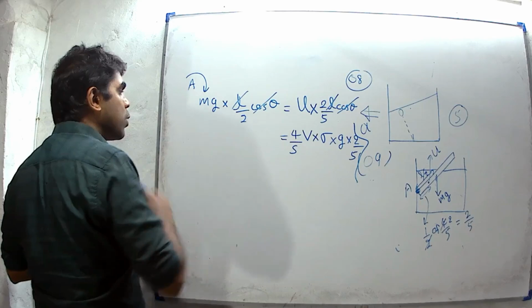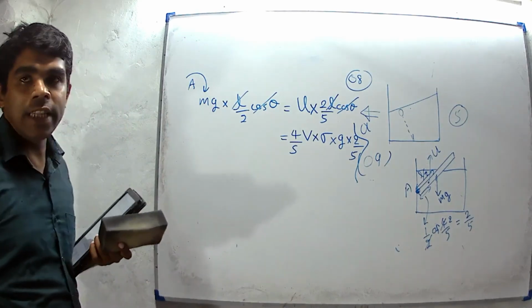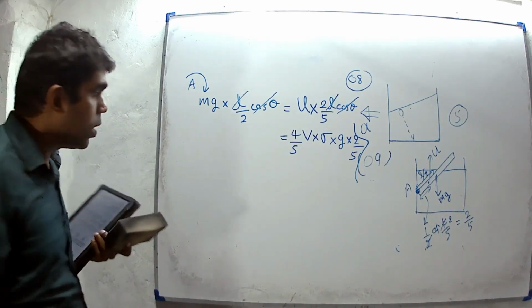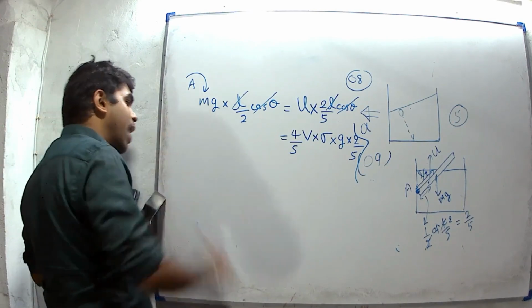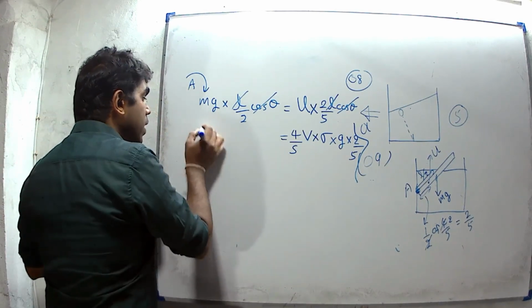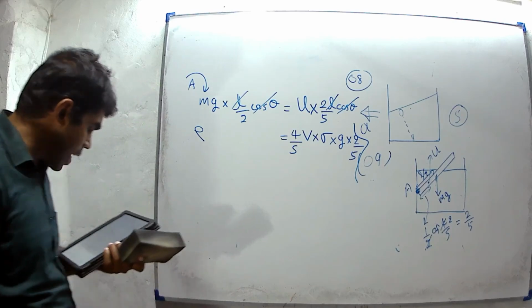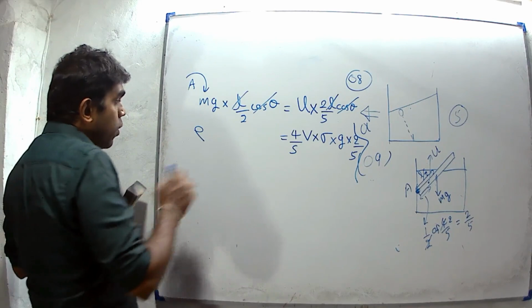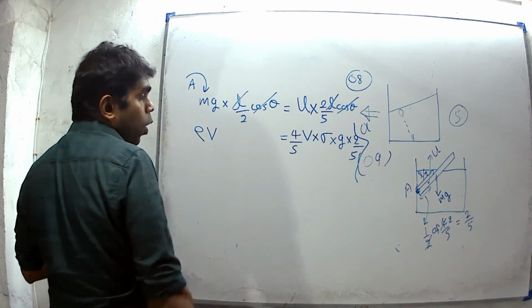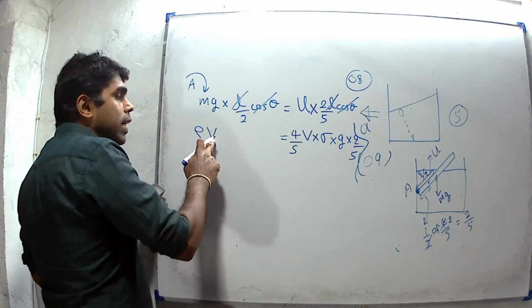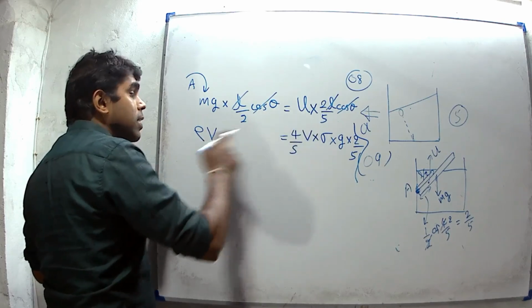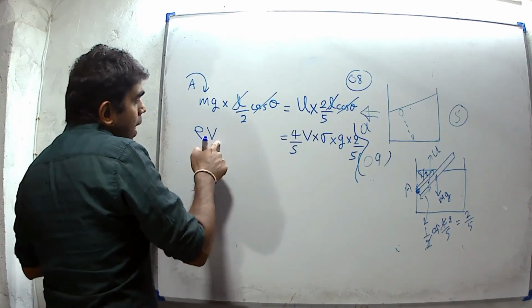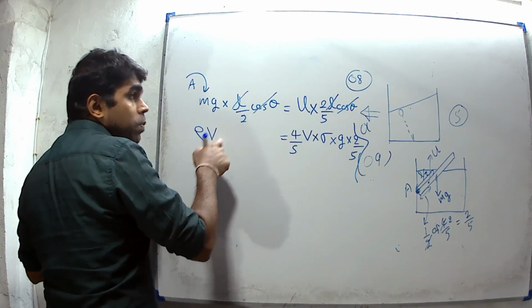It should equal the weight. We can write mass as density into volume, but when considering mass, we have to get the total mass. The density of the object is given as rho. Therefore, we can write V rho. This is the immersed mass, this is the total mass. Density into volume is mass.